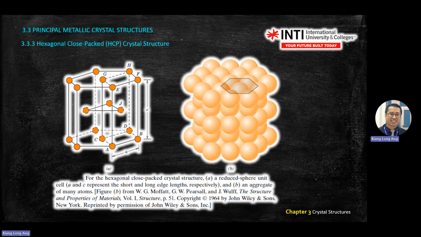So for HCP, you have 1, 2, 3, 4, 5, 6 at the corner, and 1 at the center. Repeat the same for the bottom one. Then at the center we have 3 more. So you have how many? 6, 7, 14. 14 plus 3, 17.